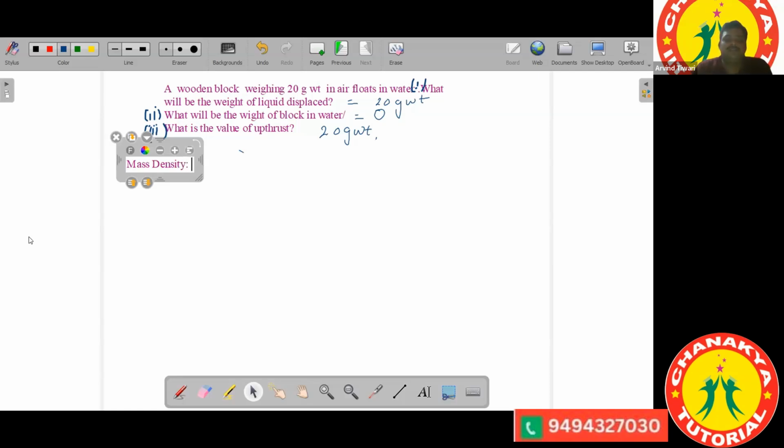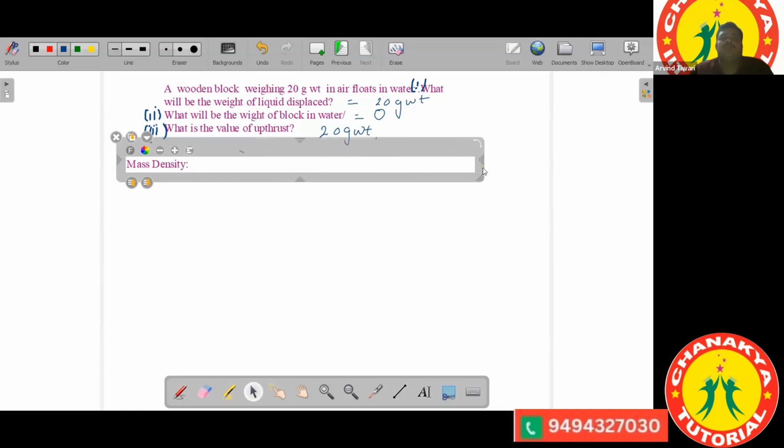The density of a substance refers to the mass of the substance per unit volume. So the mass of a substance per unit volume is called density.